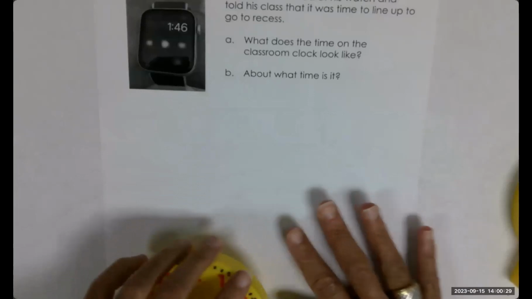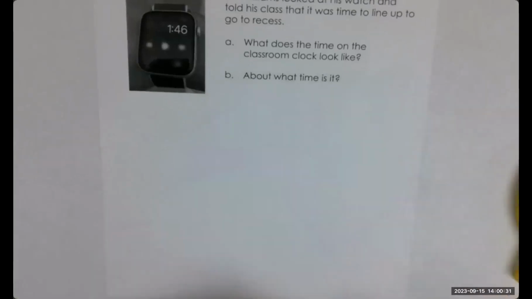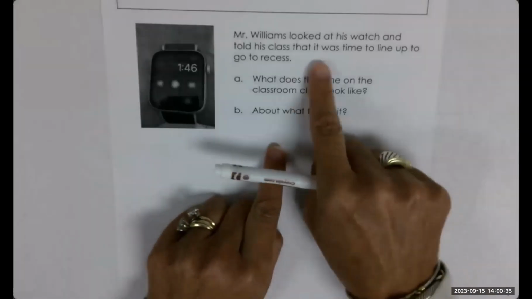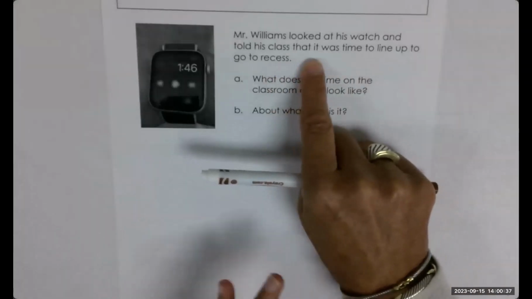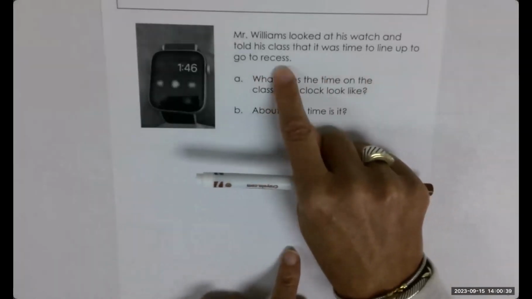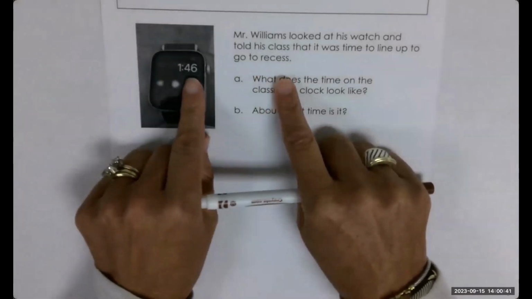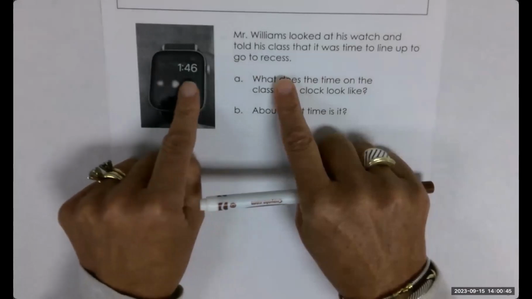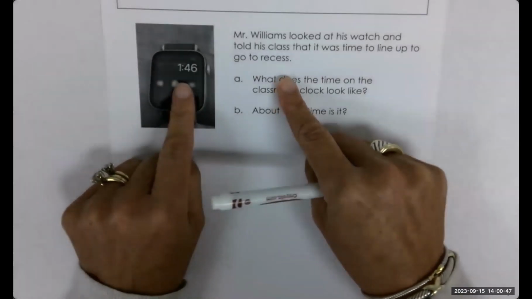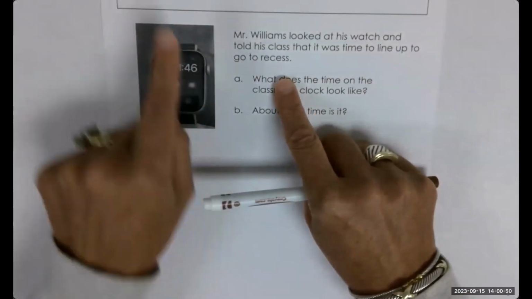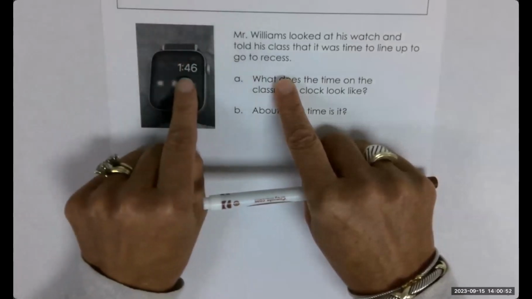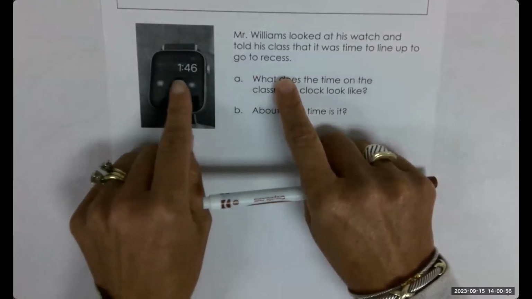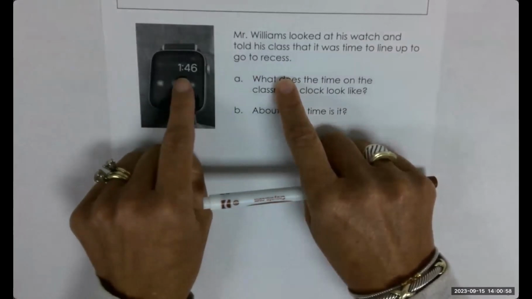All right, so let's take a look at this problem. Mr. Williams looked at his watch and told his class that it was time to line up and go to recess. Okay, here's his clock. His watch. Your students will have to be able to read the time as well as write the time in digital form as they work through our unit on time.